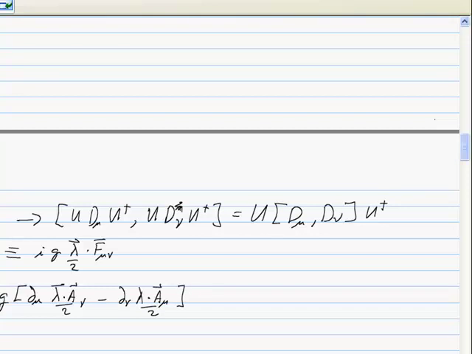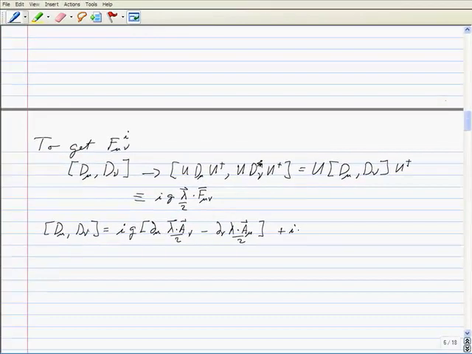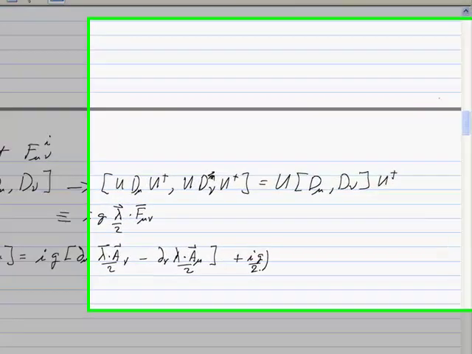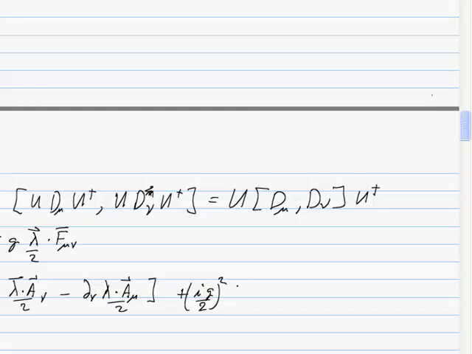So that's the first piece, just from the derivatives acting on A. But then there's the second piece, which is plus (ig/2) squared, λ·Aμ commuted with λ·Aν.